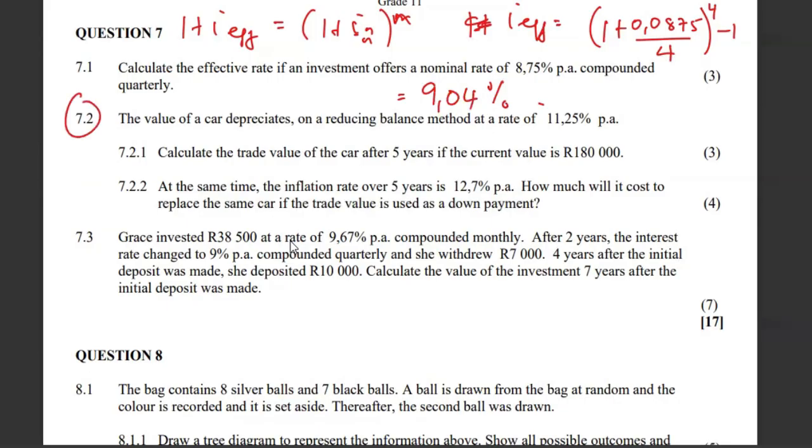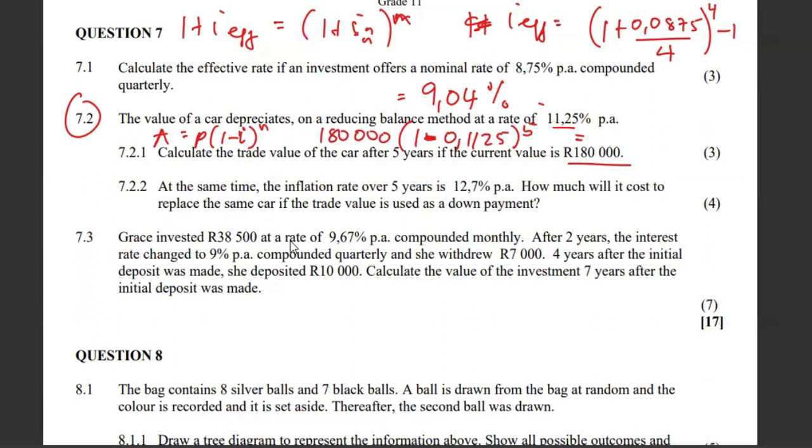7.2. The value of a car depreciates on a reducing balance method at the rate of this. Calculate the trade value after 5 years if the current value is 180,000. So A is P into 1 minus i, to the exponent of n. So 180,000 into 1 minus 0.1125, to the exponent of 5.